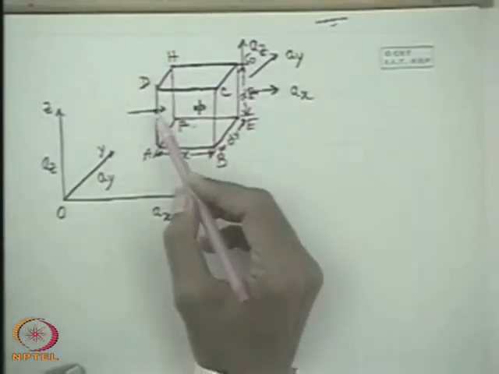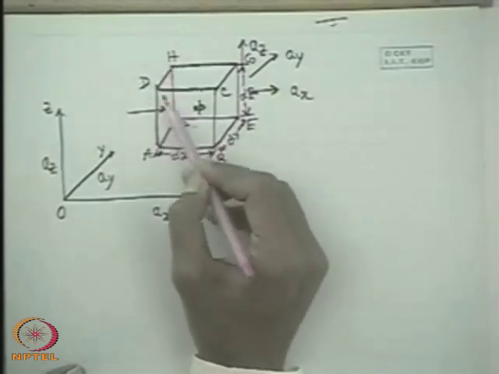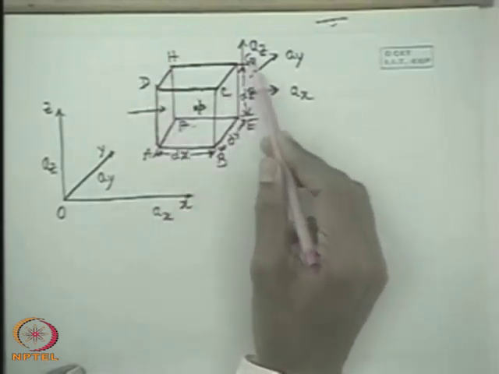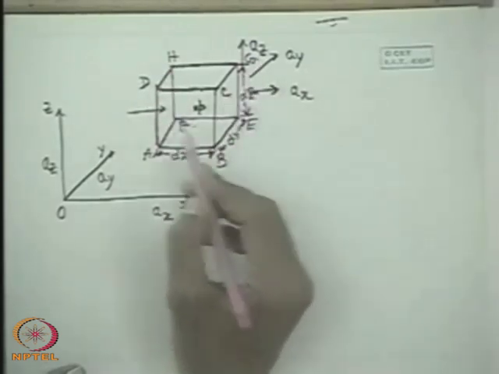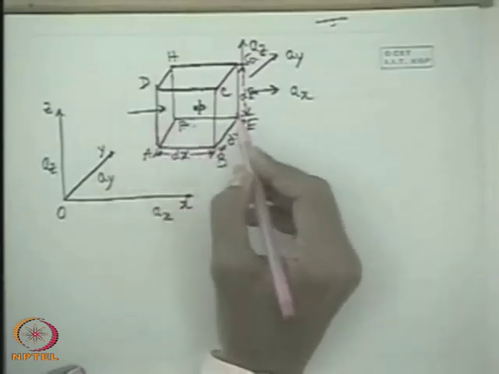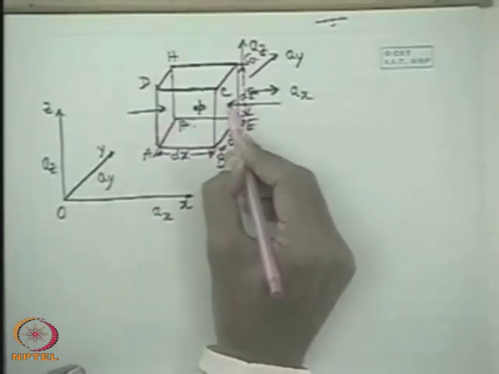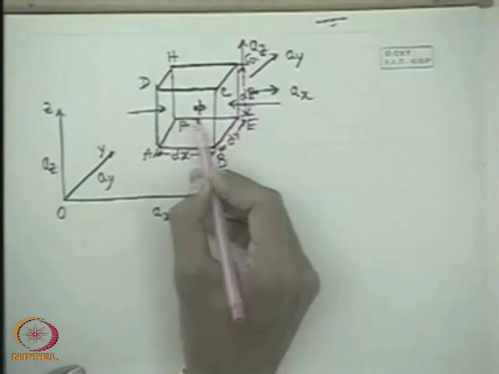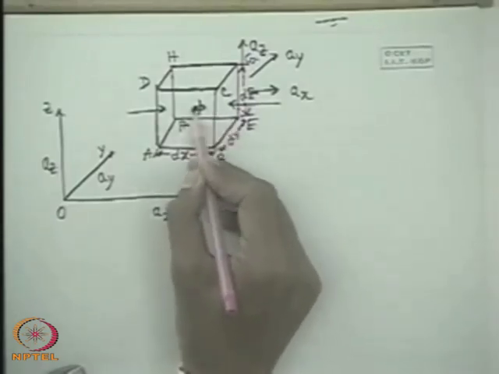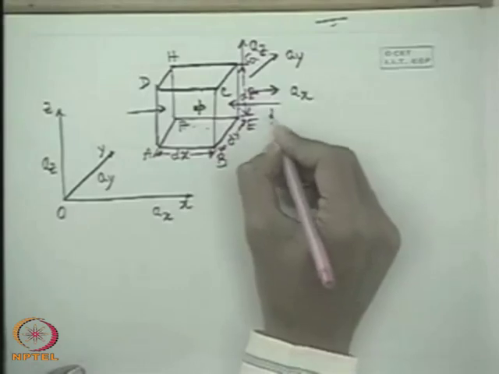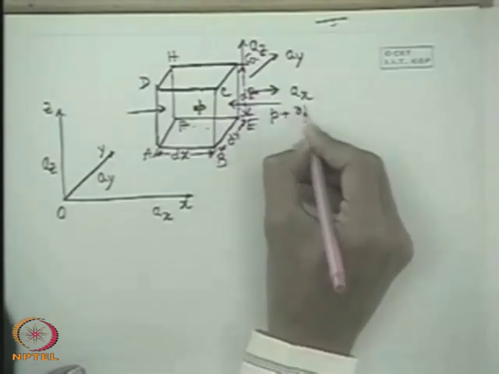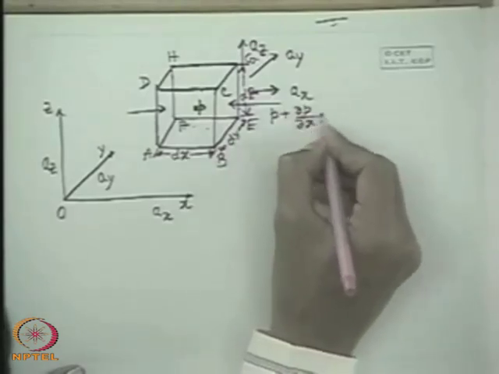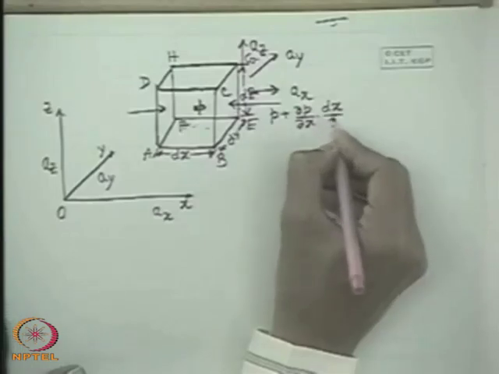However, the plane AFHD is an x plane and CGEB is the other x plane. Now, what is the pressure on each of these x planes? The pressure on this x plane, which is separated from the center by a distance dx by 2 in the positive direction, will be P plus del P del x times dx by 2, neglecting the higher order terms.